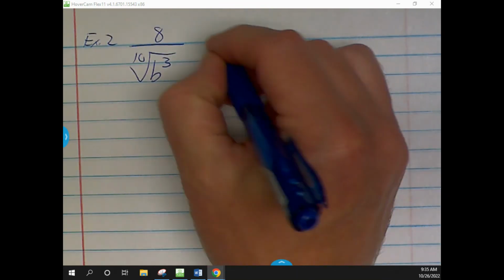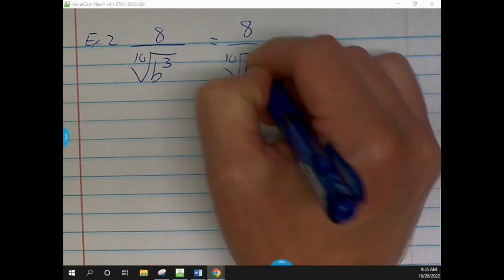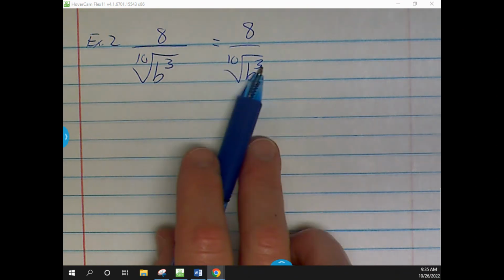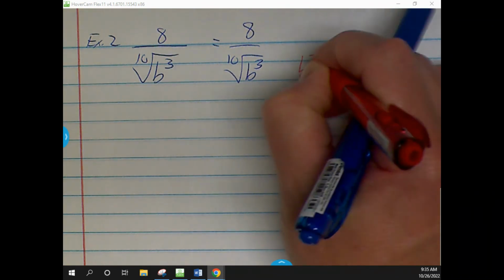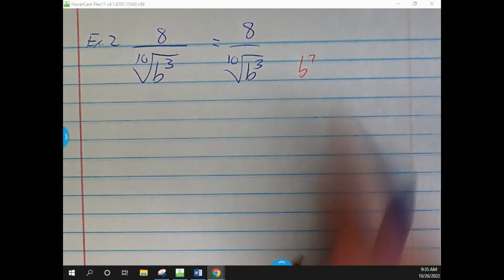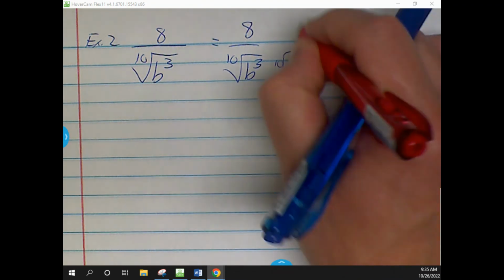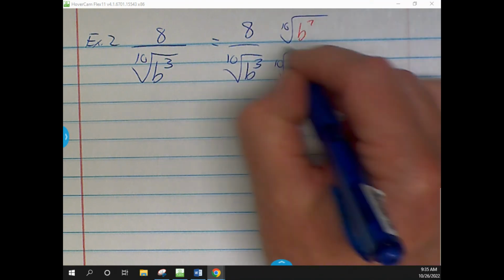Okay, so again, once we start to see these, we kind of get it. Just take these two numbers, take your index and your exponent, and just subtract them. So that's b to the 7th. So we just need that to be a b to the 7th. I'm going to do that on the top and on the bottom because it is a fraction.